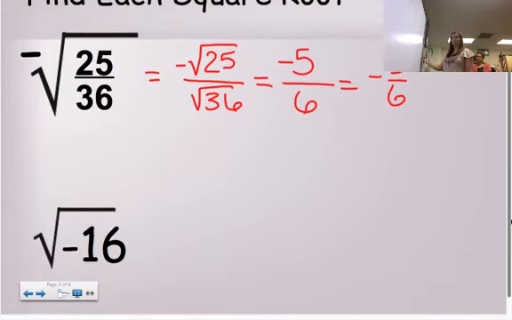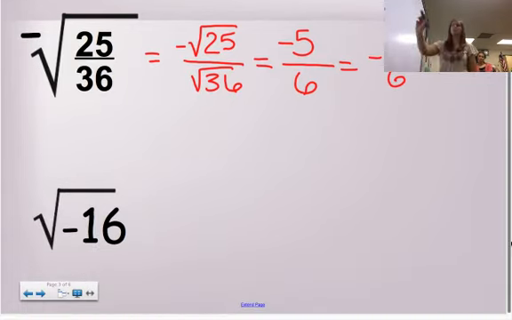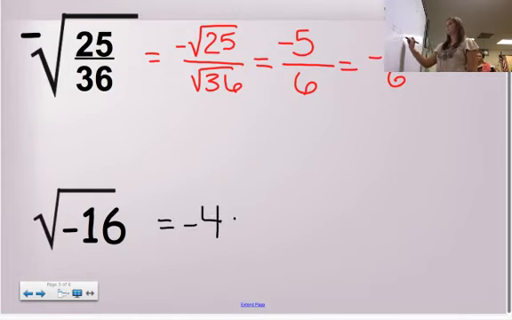On the bottom here, we have a square root of a negative 16. Now we need to stop and think about this. If there's only one negative, that would mean we'd have to multiply a negative 4 times 4. Well, we can't do that because the square root means that you have to square the exact same number.